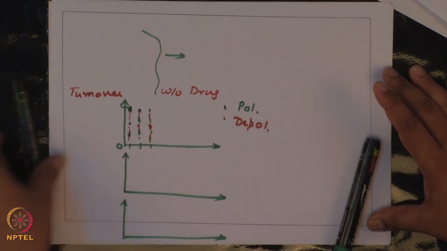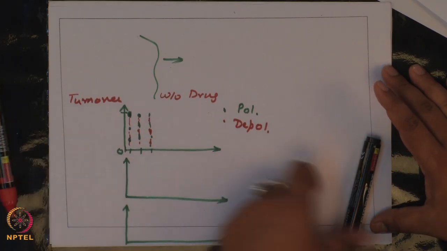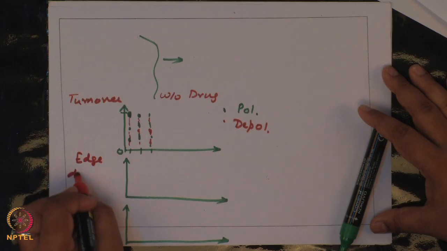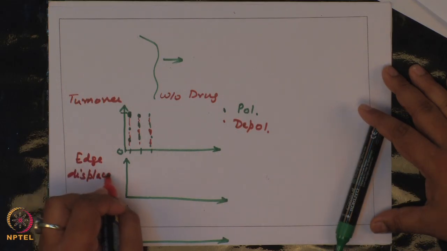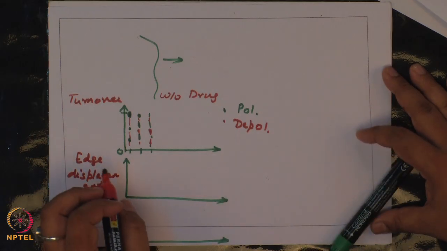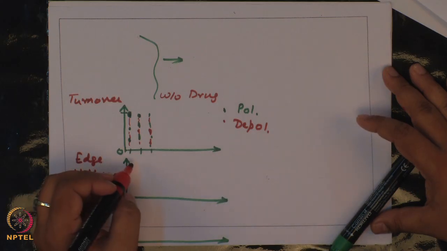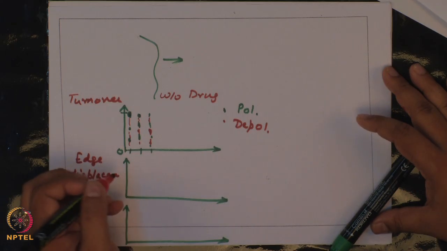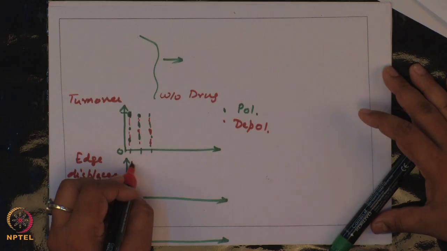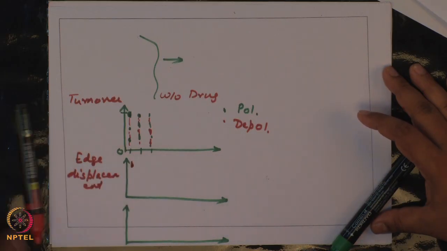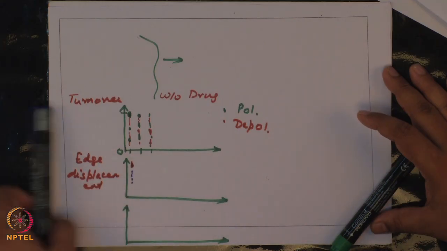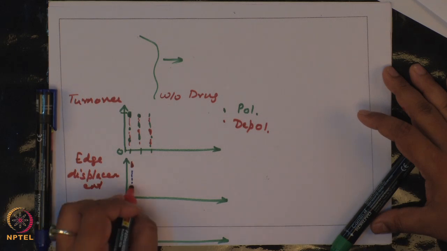If I were to plot the edge displacement, at the positions where I had polymerization previously, I see red, and the rest of the points are blue. Again I have red and so on.